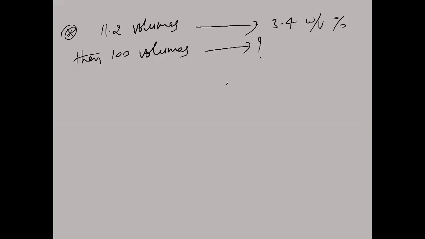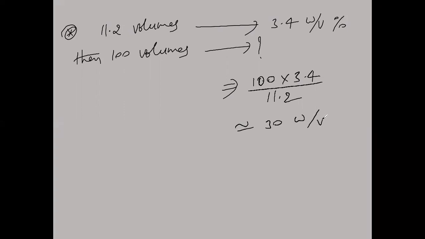Now how to get this one? 100 into 3.4 upon 11.2. That is approximately equal to 30%. So the weight by volume percentage is 30%.